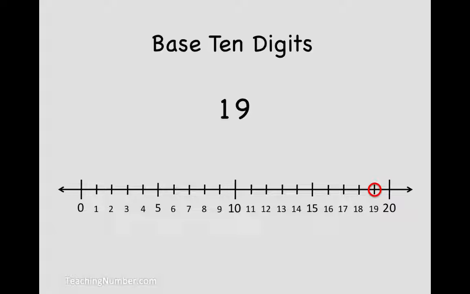The beauty of the base 10 digits is that they always work exactly the same way in every base 10 unit. So whenever we have 9 ones, we need to reset to 0 and make a 10. Now we have 2 10s and 0 ones, so we could start adding ones again.